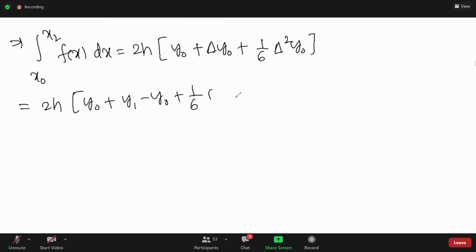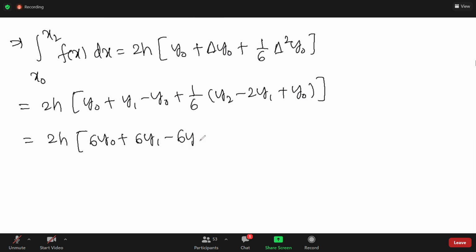What is delta square y0? y2 minus 2y1 plus y0, as we discussed in the starting class of interpolation. So 2h into y0 plus y1 and directly take LCM: (6y0 plus 6y1 minus 6y0 plus y2 minus 2y1 plus y0) by 6.